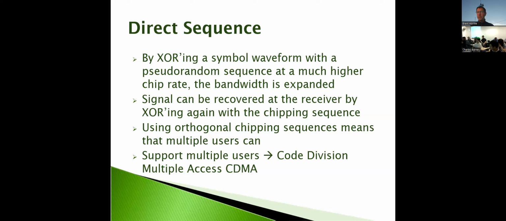The signal can be recovered at the receiver by XORing it again with the chipping sequence. If we pseudo-randomly flip the sign of the input symbol, and replicate that process at the receiver, then we can recover that original symbol.